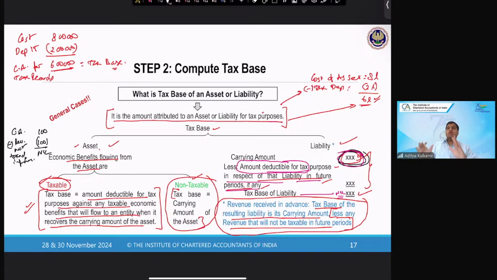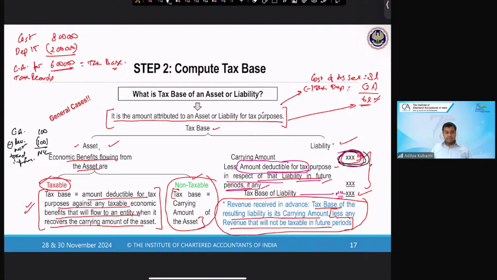So you have two methods of looking at these things. The first method: imagine what will be the journal entries that will flow in the financial books. That you are already very good at, you are already very comfortable at. The next thing that you do is you look at the same entries, notionally assuming that you will be passing an entry in tax records.